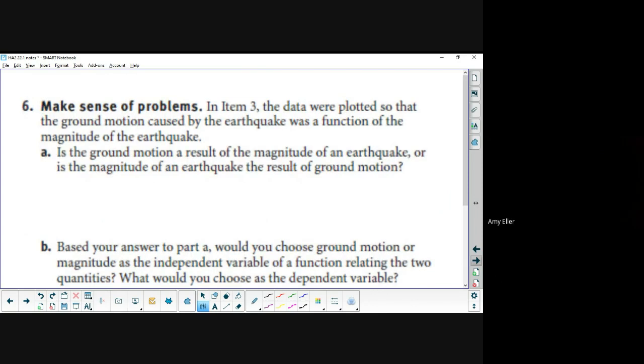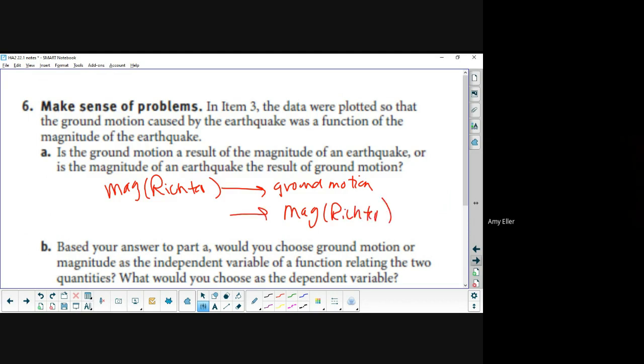Is the ground motion a result of the magnitude? So is the magnitude, which is the Richter scale, is the ground motion a result of that? So the magnitude results in ground motion, or is the magnitude of the earthquake a result stemming from the ground motion?